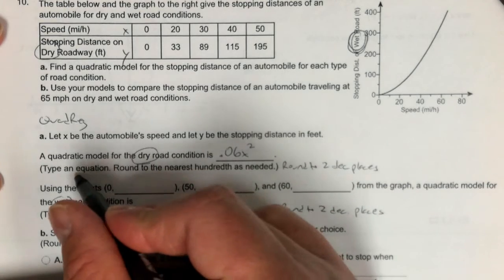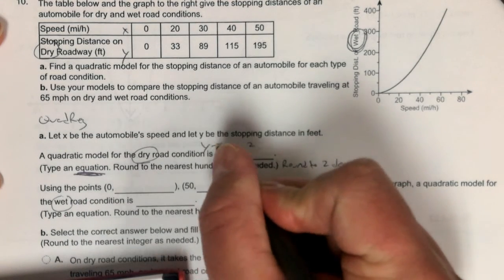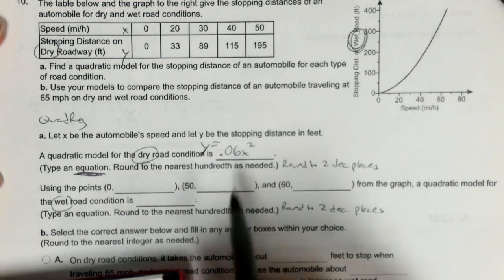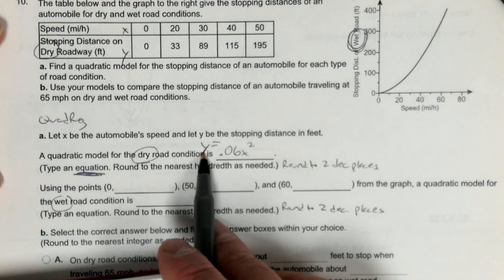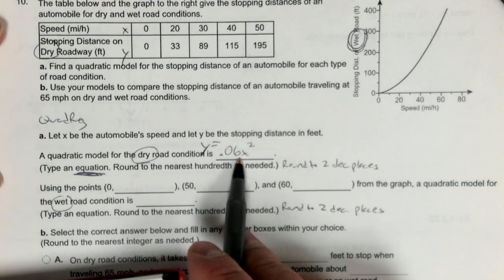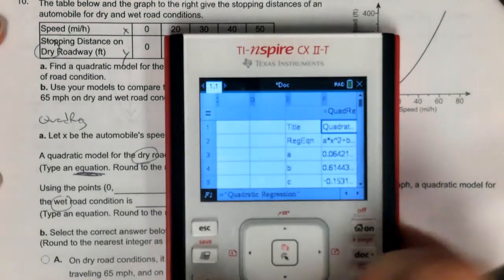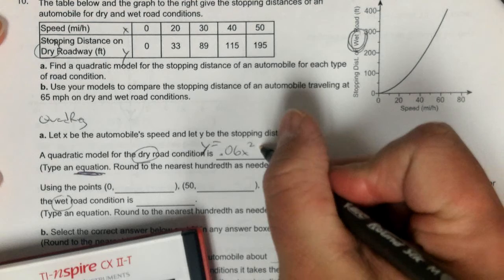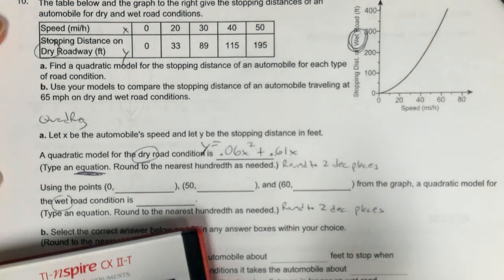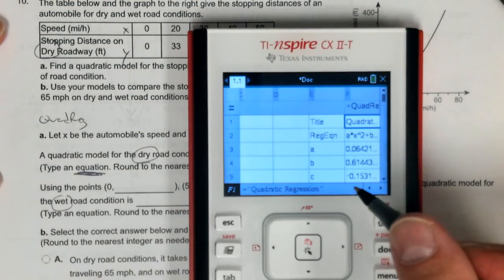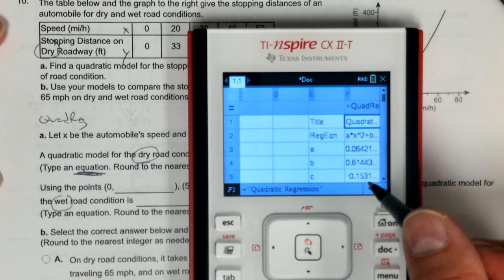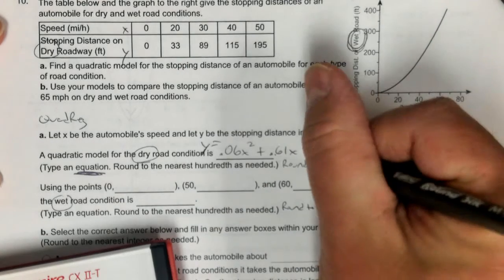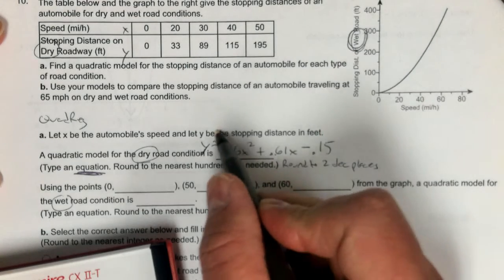This is one that says do an equation, so don't forget the y equal, because you could have everything right but forget the y equal, and then it wouldn't like it. So this is y equal 0.06x squared, and then this part has 0.614, so you put 0.61, so plus 0.61x, and this is minus 0.153, and so round down in that case, so minus 0.15. So that's your regression.